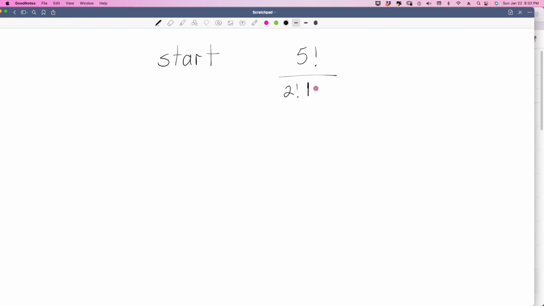So 1 times 1 times 1 would be 1. So technically, if we have individual items that are singles, we drop them off. We leave them out. So 5 factorial would be 120, divided by 2. That would be 60 permutations that are distinguishable from the word start.